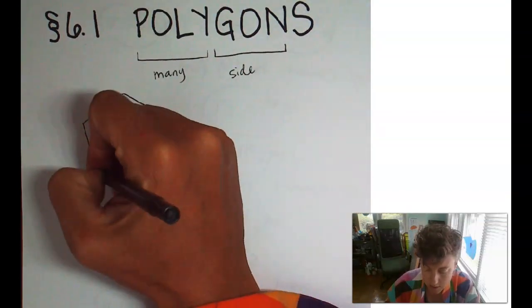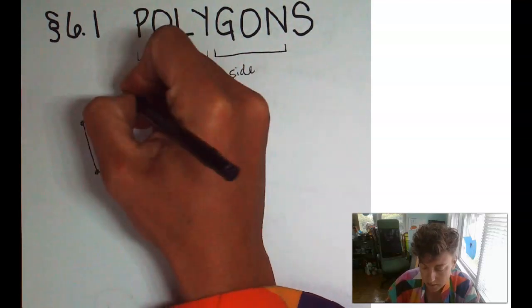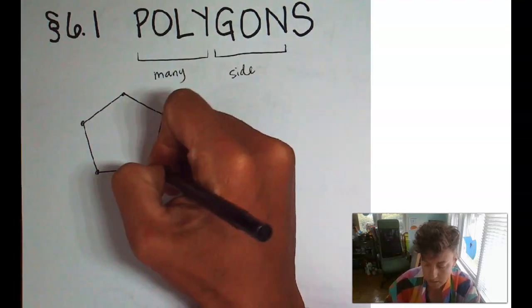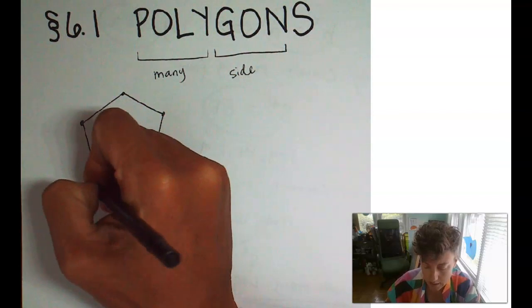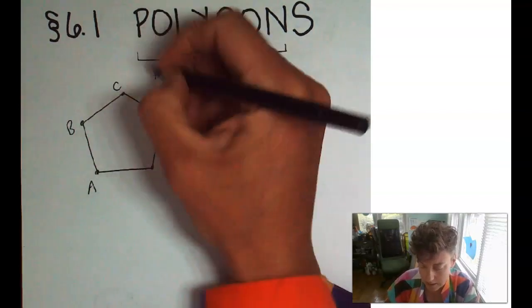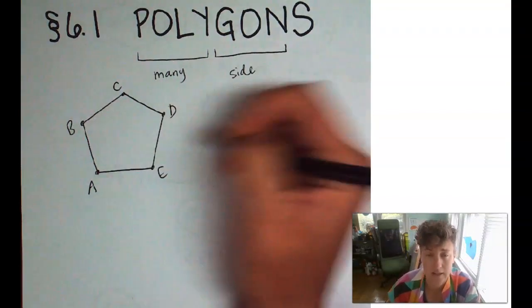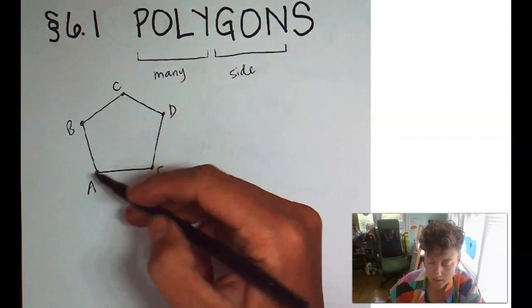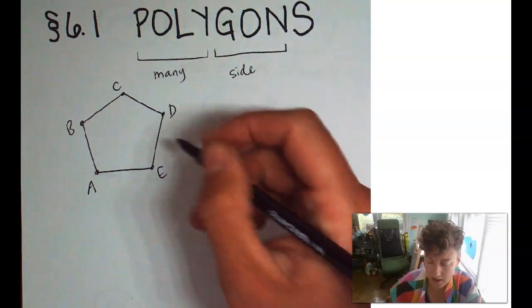Let's give all of these vertices some names: A, B, C, D, and E. So each one of these corner points is called a vertex.